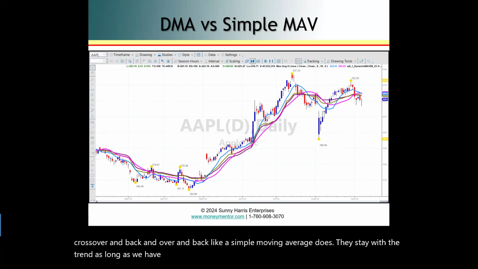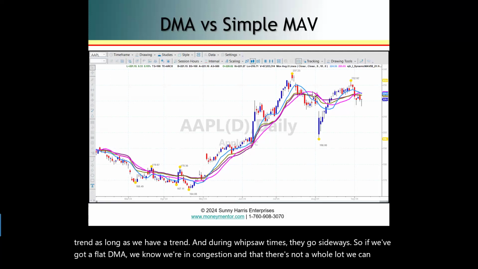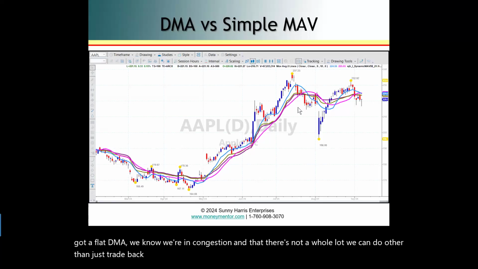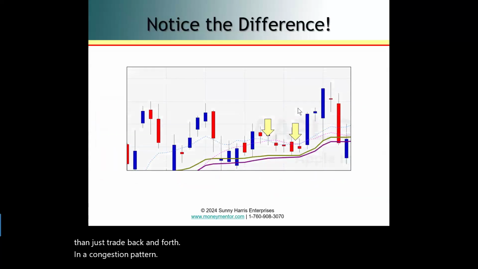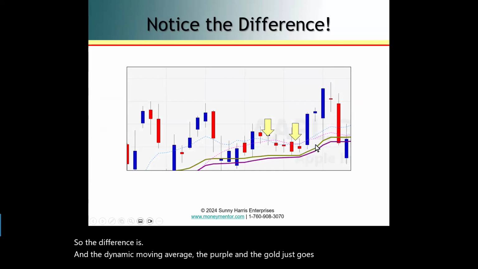And during whipsaw times, they go sideways. So if we've got a flat DMA, we know we're in congestion and that there's not a whole lot we can do other than just trade back and forth in a congestion pattern. So the difference is cross, cross, and the dynamic moving average, the purple and the gold, just goes straight across and stays with the trend.